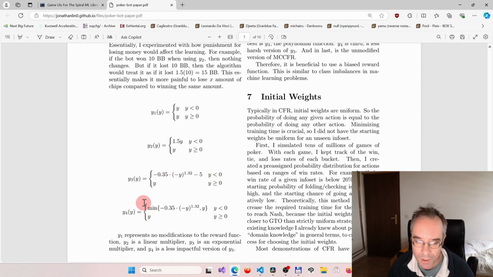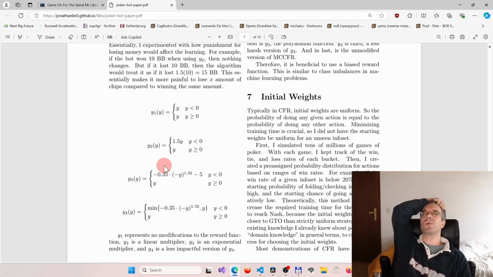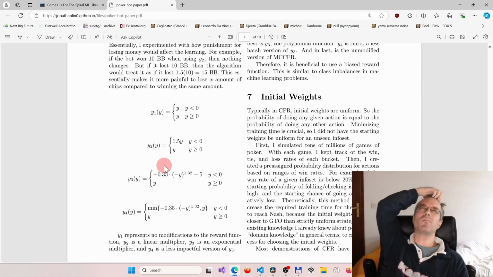I guess he was trying various things here. I don't know, I guess the regular rake on something like PokerStars would be multiplying by 0.95, I mean the winning pot, and it also has, I think, a minimum or something like that. I'm not completely sure.